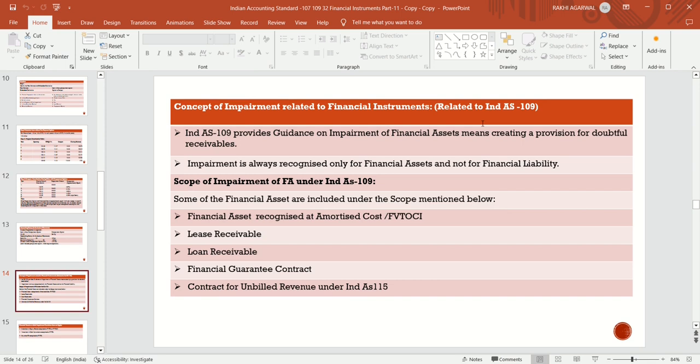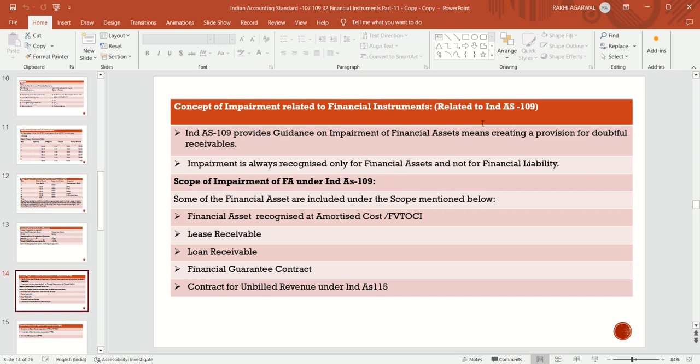So there is a separate standard for non-financial asset, that is for PPE, tangible, intangible assets, and also for goodwill. But for financial instrument, that is for financial asset like trade receivables, lease receivables, financial guarantee contract, there is a separate standard, that is IND AS 109.